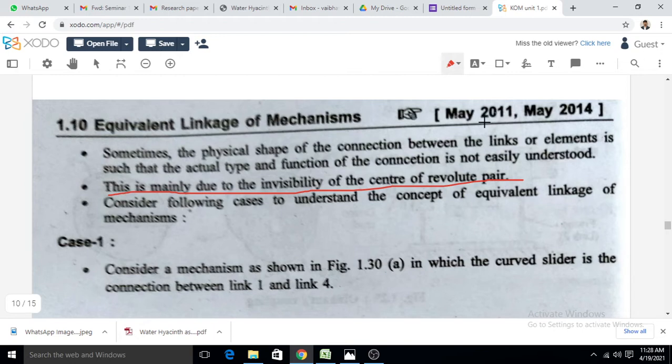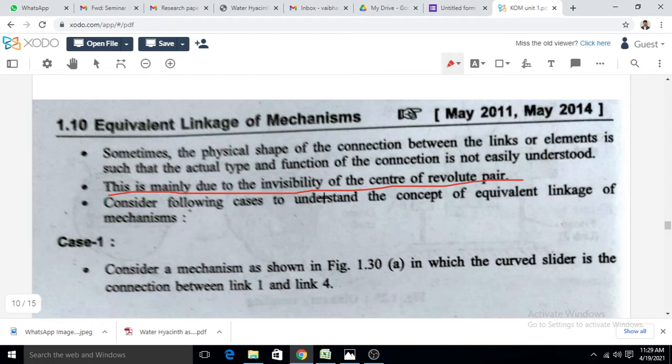We all know what a revolute pair is. When a pin joint is present, we consider there are two links connected together by a pin joint, and then a revolute joint is present.